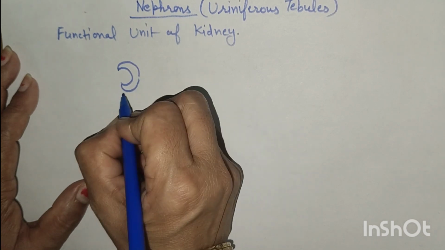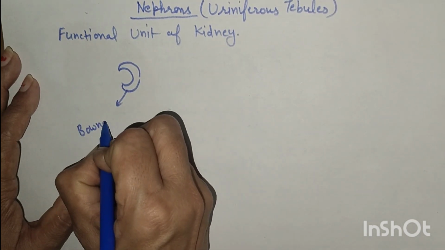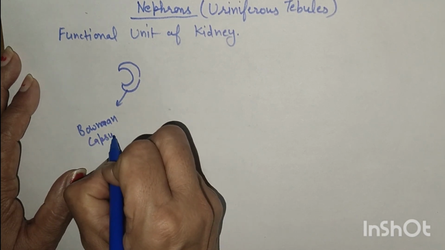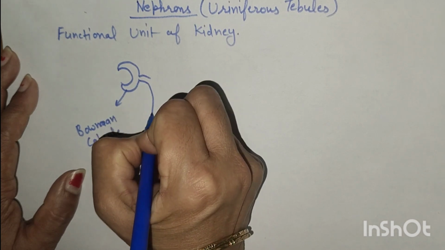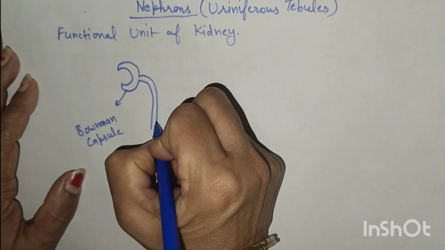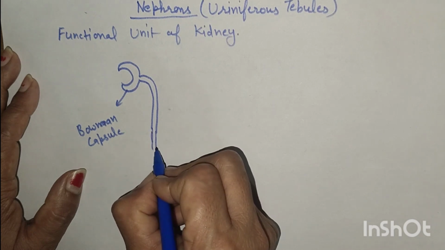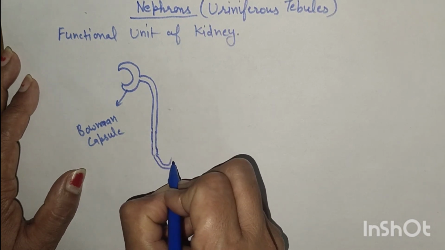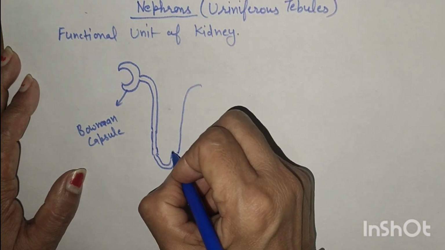Bowman capsule. This cup-shaped structure is called Bowman capsule. This Bowman capsule is connected with the tube that is called proximal convoluted tubule, and on the other side distal convoluted tubules.